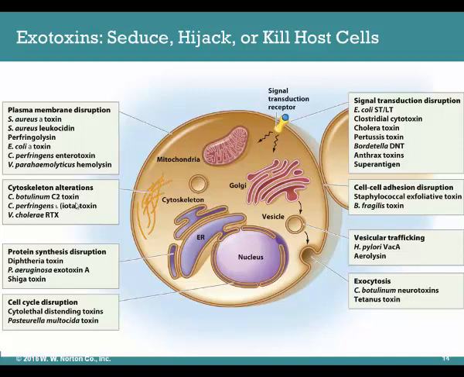Cytoskeletal alterations include toxins that will change the shape of a cell, may aid in taking up the bacteria into the cell, and protein synthesis disruption would essentially kill the host cell because it wouldn't be able to carry out the production of the proteins that it needs to survive.